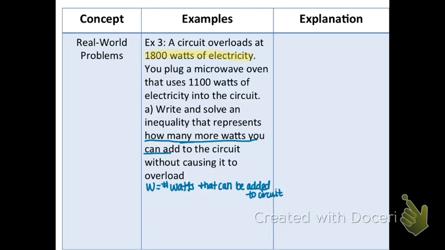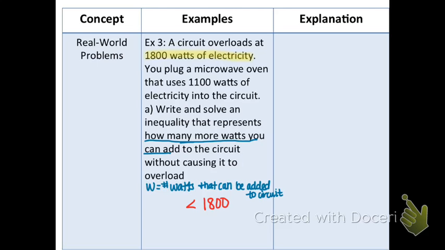So immediately I'm thinking that I want something that's going to be less than 1800. I haven't written that left-hand side of the inequality yet. Because 1800 is when it overloads. At 1800 it's going to overload. At 1801 it's going to overload. But at 1799 it won't overload.